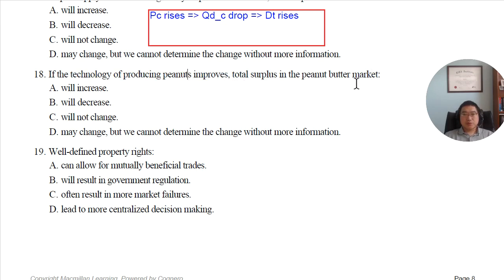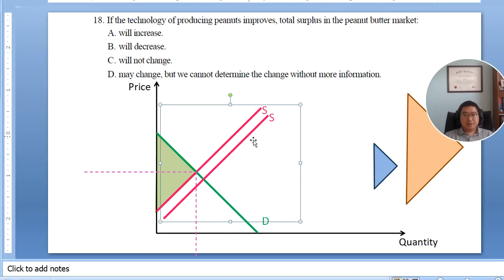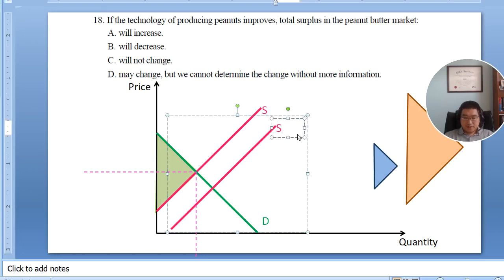Then the cost to produce the final product, the peanut butter, is lower. So the supply should increase in that market. Let's look at this picture. The supply increase means I have a new supply somewhere out here. Okay, the new supply.